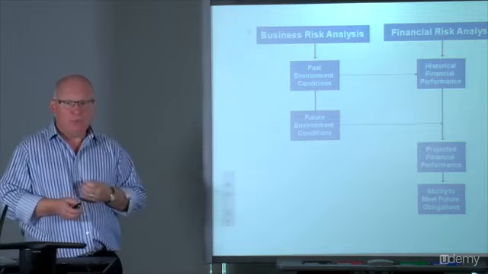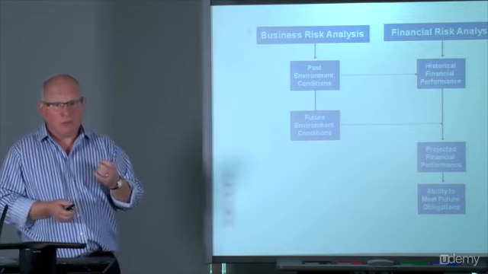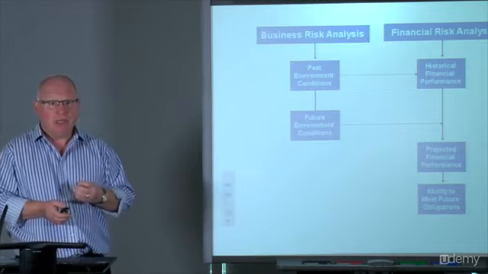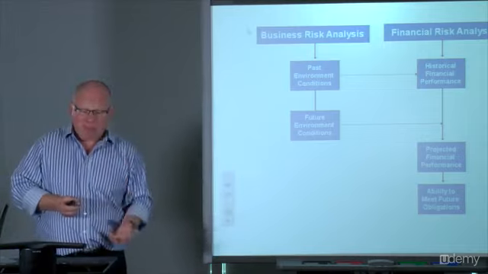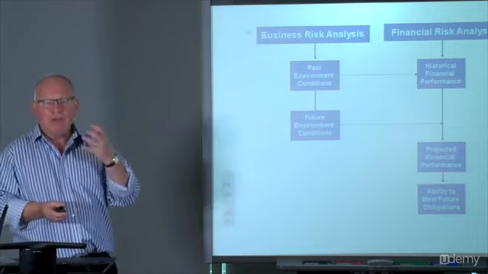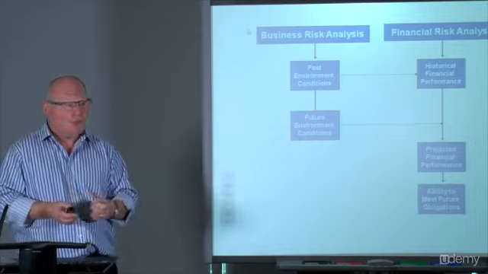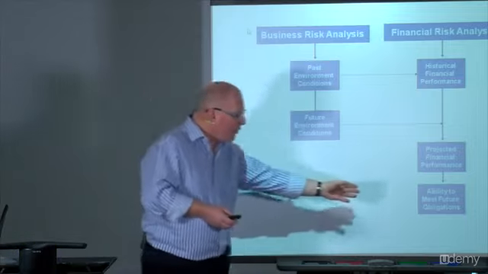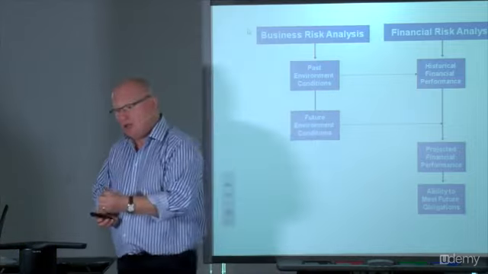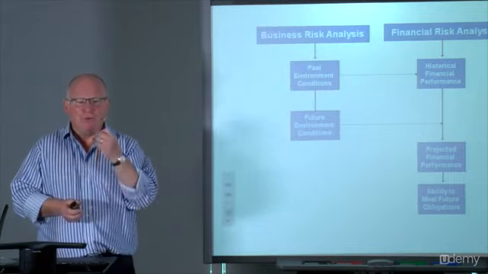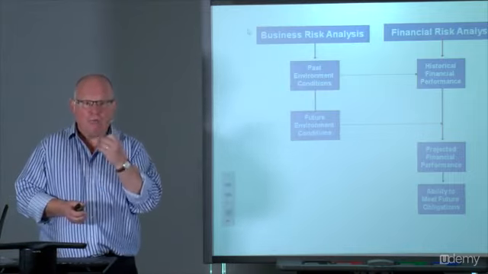Once we've established that, we can then assess future repayment ability. And remember, ladies and gentlemen, future repayment ability comes from cash flow. So our focus here, the primary concern, is the ability to generate future cash flows.